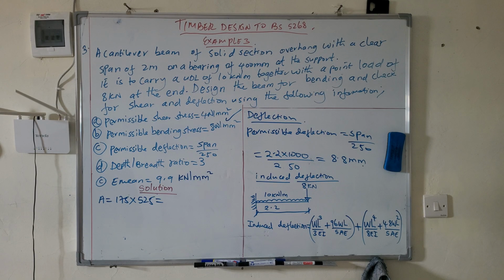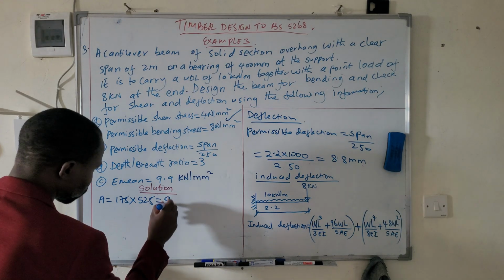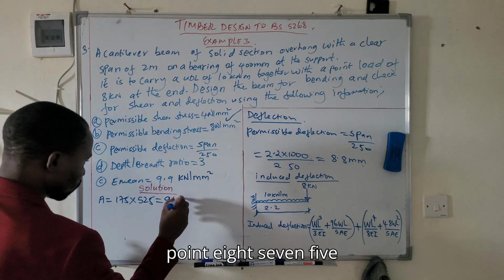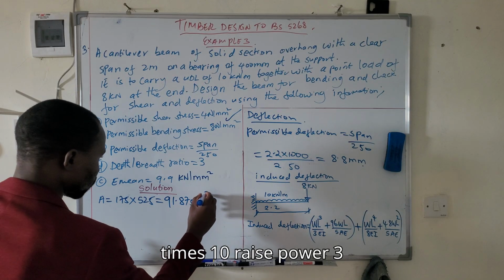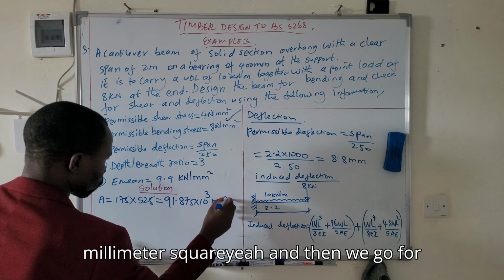So the answer is 91.875 times 10 raised to power 3 millimeter square.